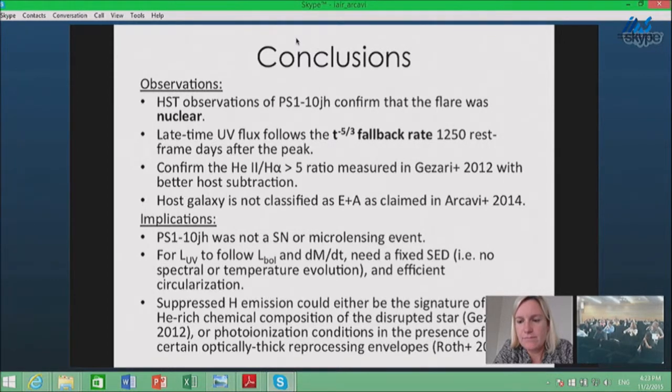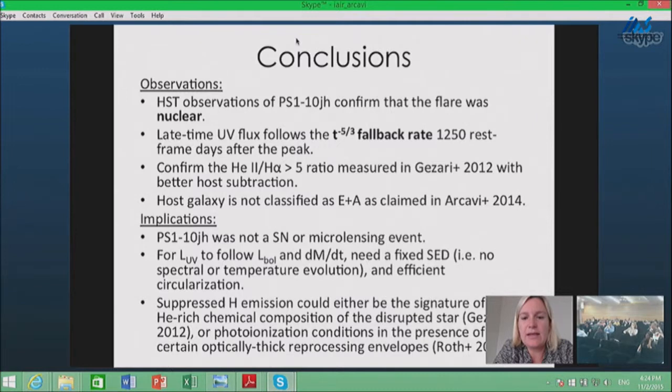Nick? Hi, Suvi. Is the late time optical non-detection consistent with optical also following t to the minus 5/3 and just falling below the host galaxy flux? It's really hard to do an optical non-detection because with HST we have just this one epoch, and I don't see any morphological evidence for a point source in the center of the galaxy still shining in the optical.